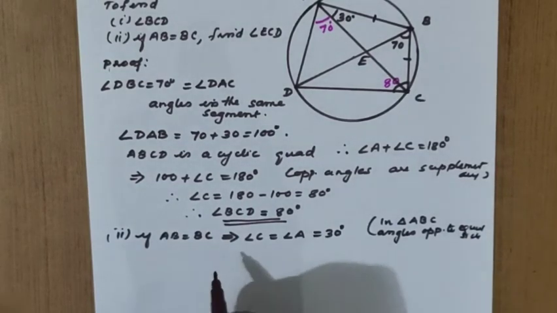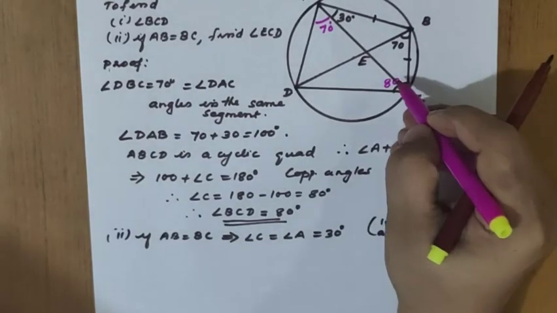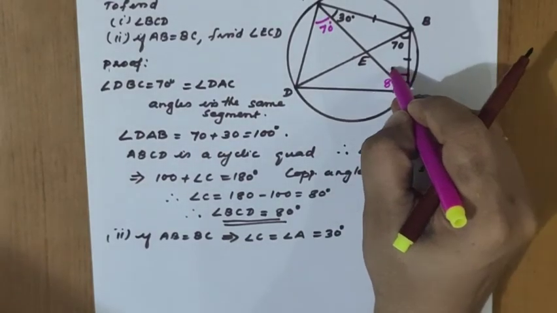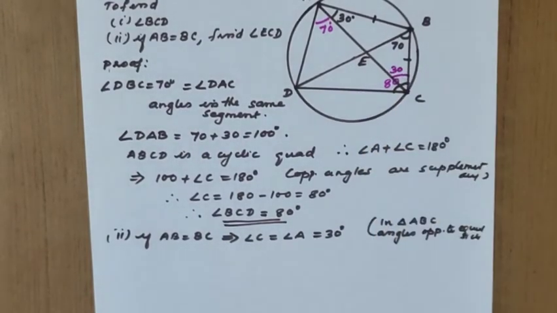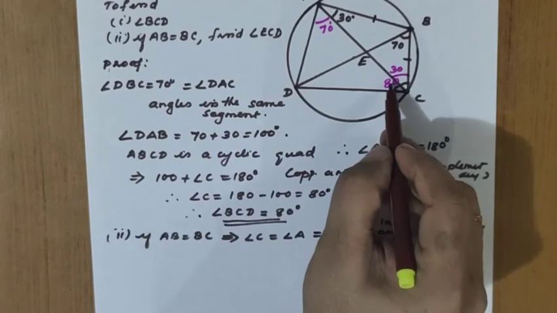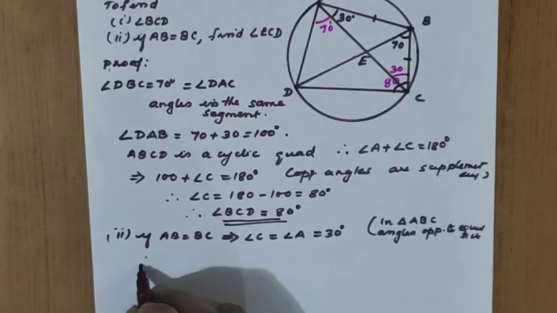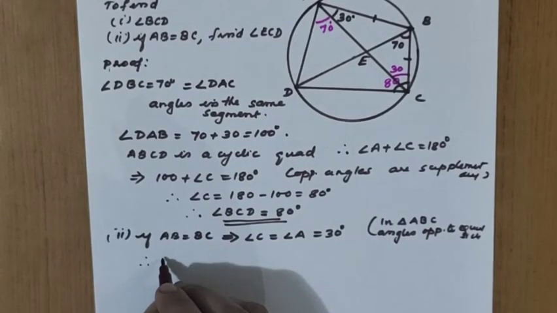Okay, so angle BCD equal to 80. Now we got that this much angle, see here it is 30 degrees. So we got 30 degrees, so what about this angle ECD? That is asked in the question. 80 minus 30 is equal to 50, right? So BCD is 80.